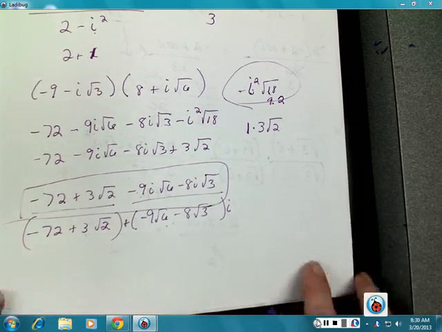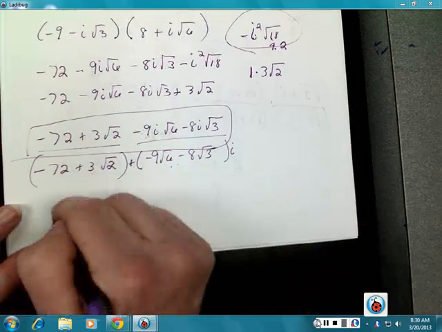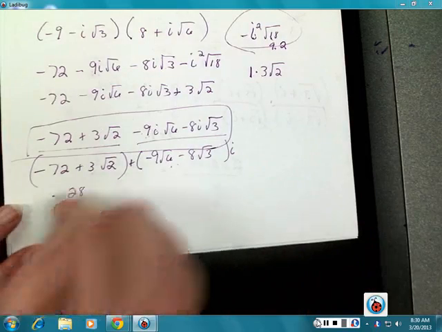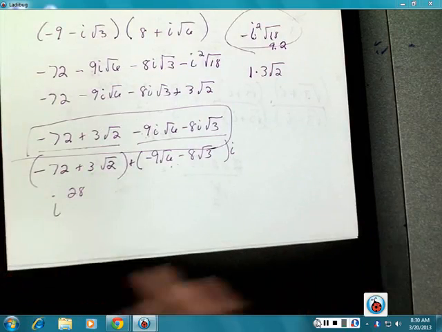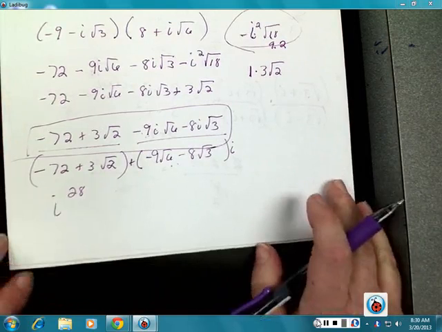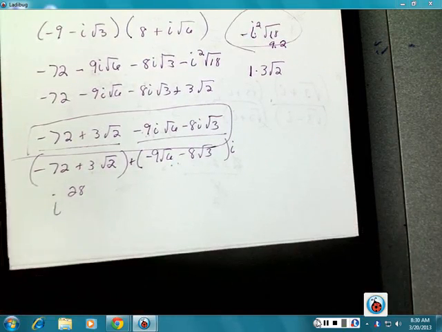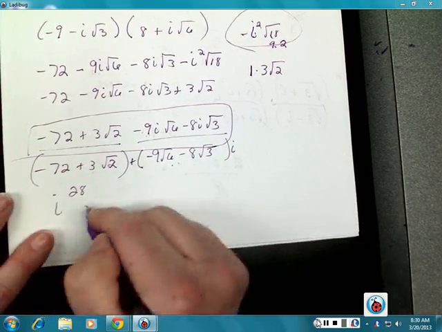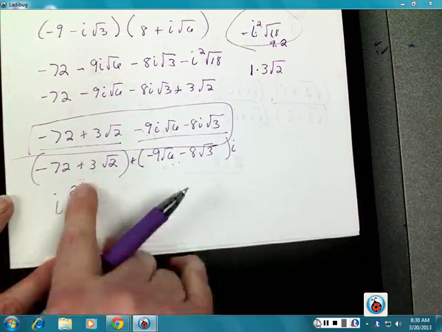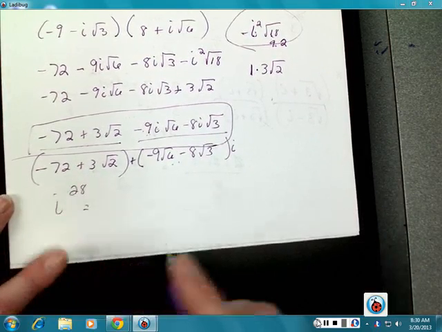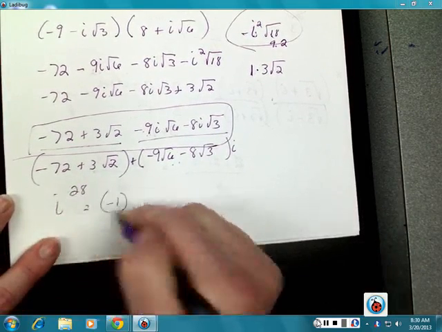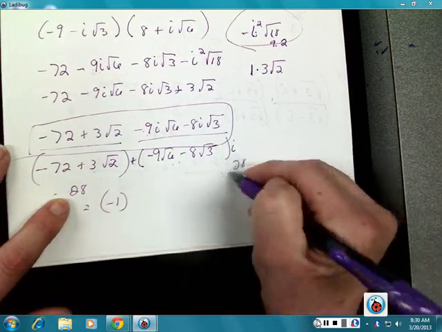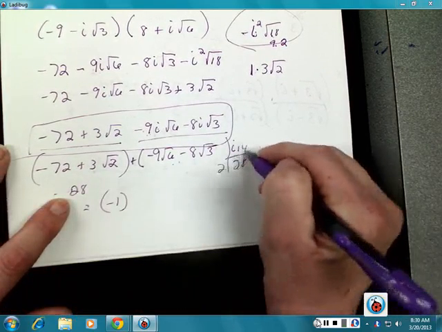The other day we also talked about i to the 28th. That pops up in this section. I had it in the wrong section the other day. How do I solve that? Well, remember, every square that I get is equal to a negative 1. So if I take 28, divide it by 2, I get 14.